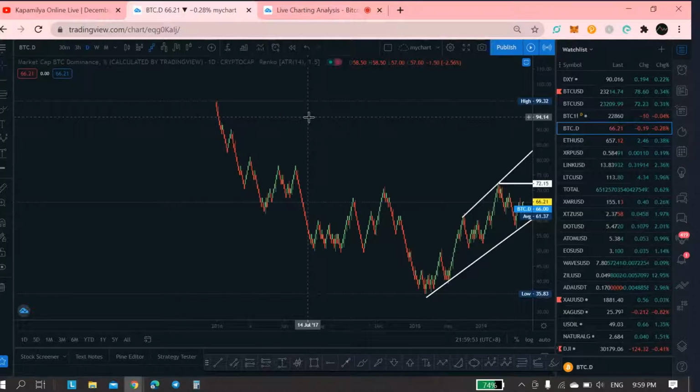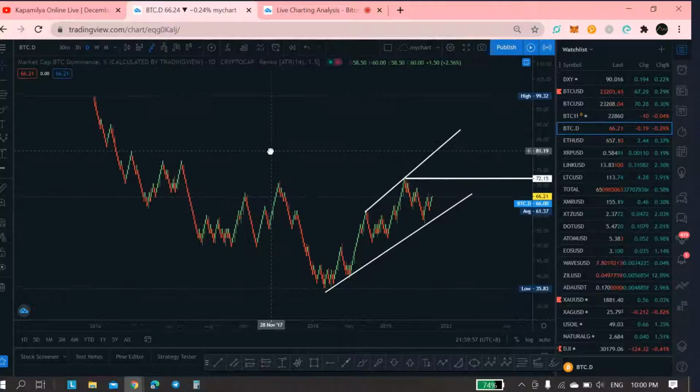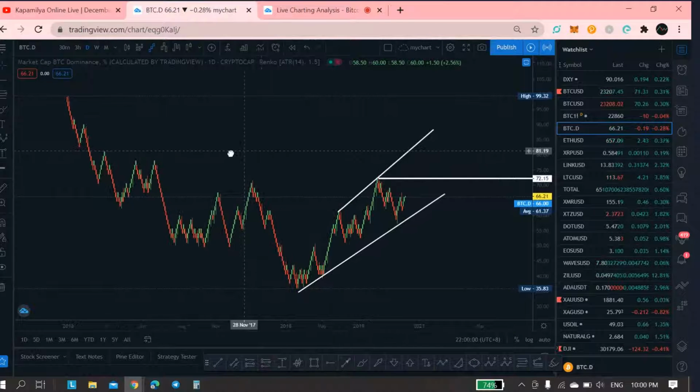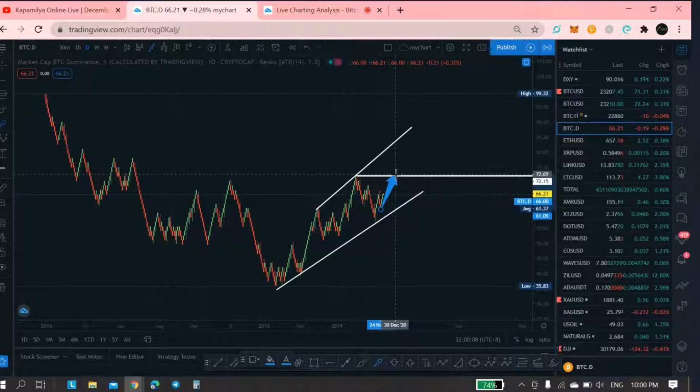And then there's also another gap at close to the 97 area. But of course, let's just focus on this one area first. So I think it will retest that area, the 73 or 72 area.